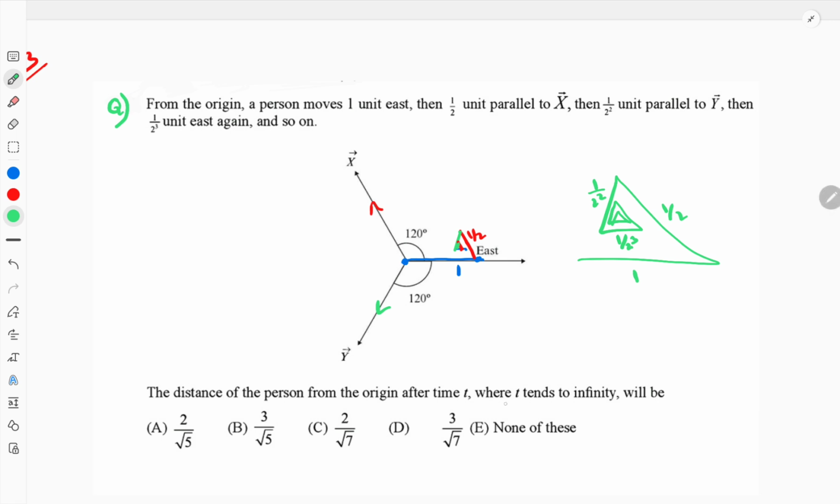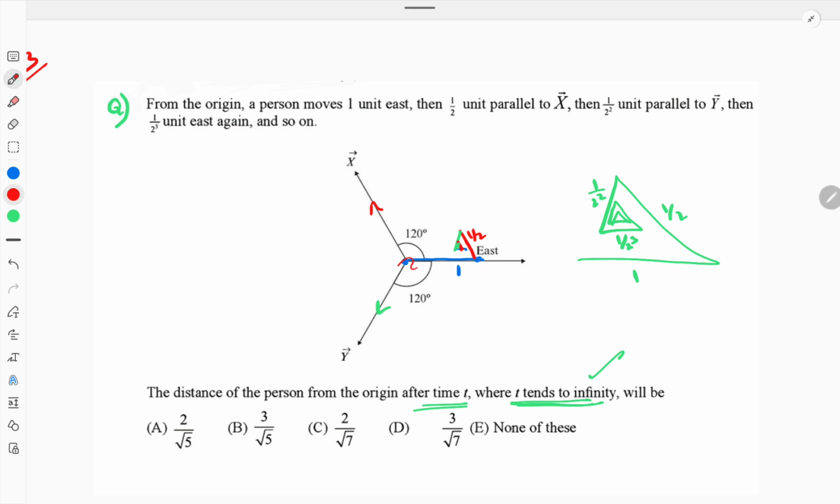Now as t tends to infinity, if t is the time right from the beginning at the origin, after a certain time t, we need to calculate the distance. As t tends to infinity, what would be the estimation of that? Okay, let's try to solve this.